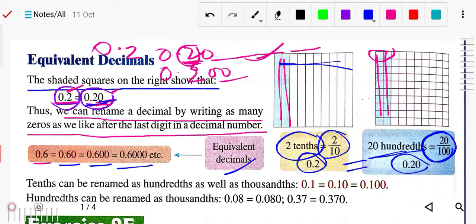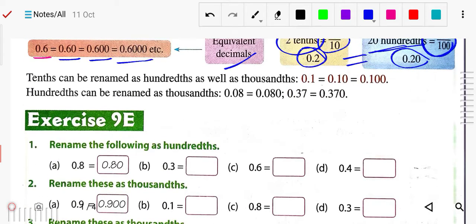0.2 and 0.20, only the form is changed; the place value has only increased, but the value remains the same. Tenths can be renamed as hundredths.